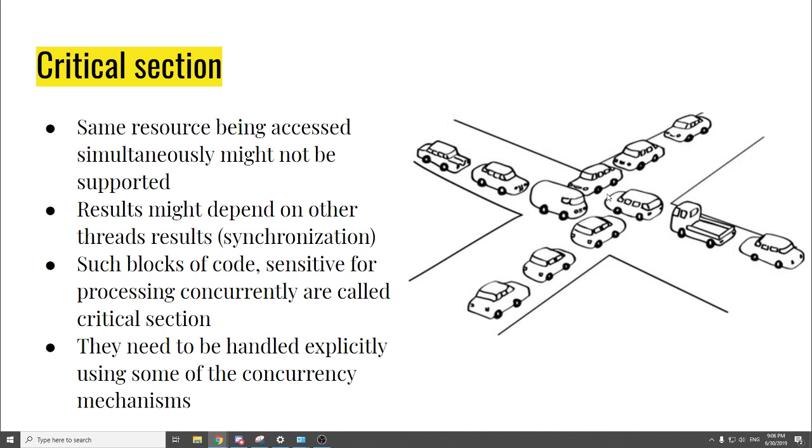So for a critical section, like a cross-section of roads, we have traffic lights. So we need to block and lock the resource until it's available for another thread. Just like we let through only one single lane to pass, we do the same regulation for our code. So we need to lock it so that the critical section can run free. So we need to explicitly handle this situation so that our concurrent code can run as intended.